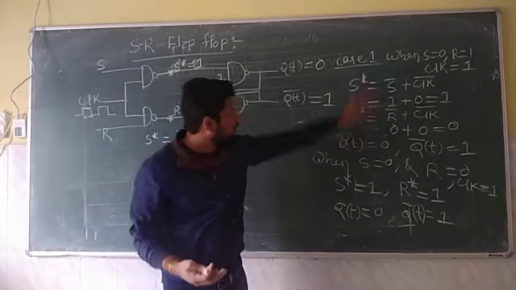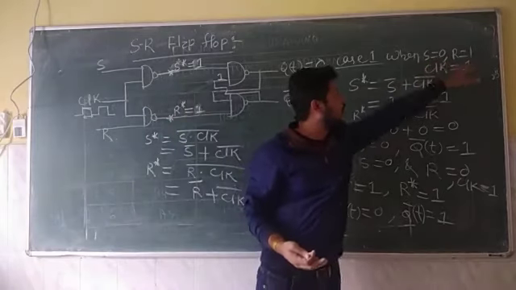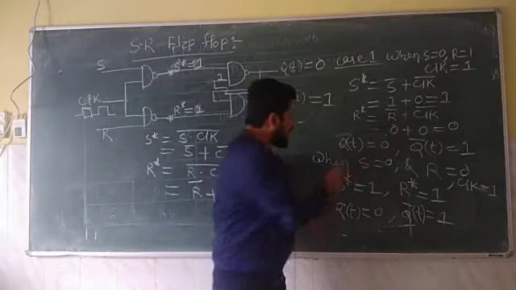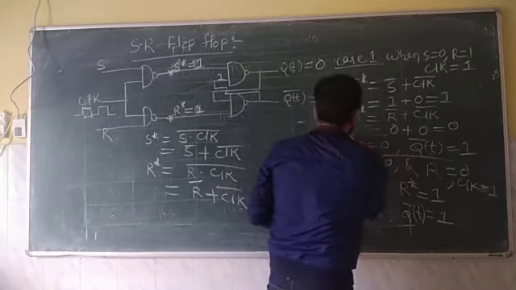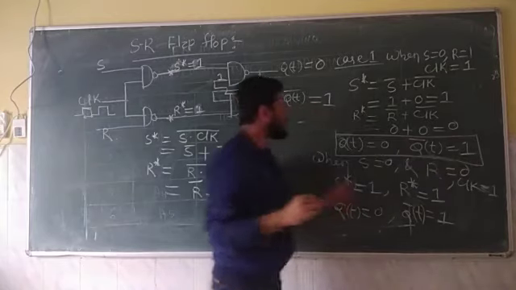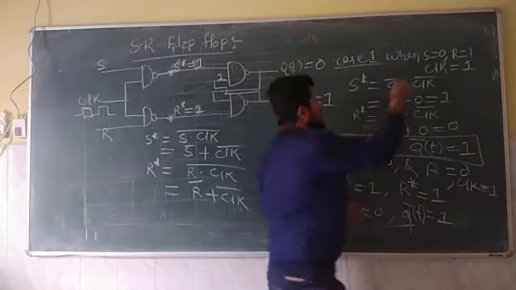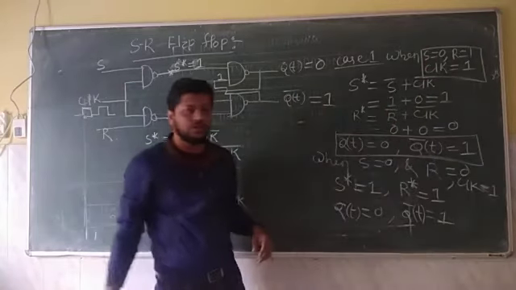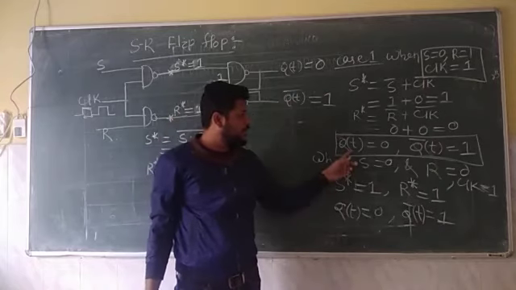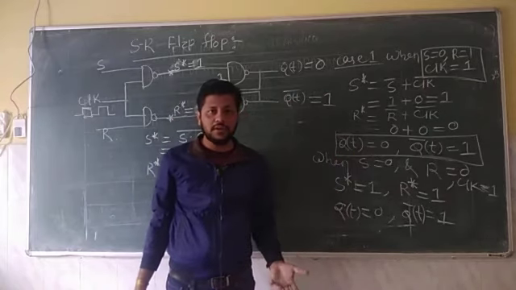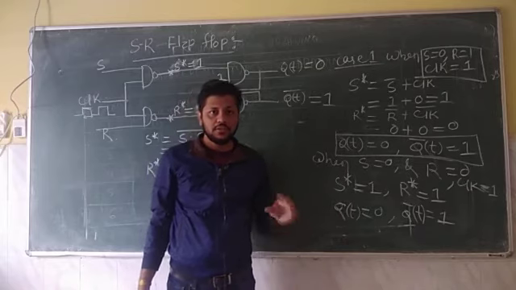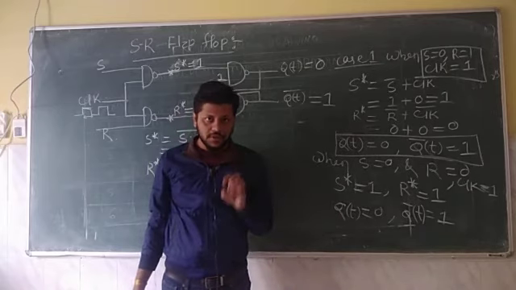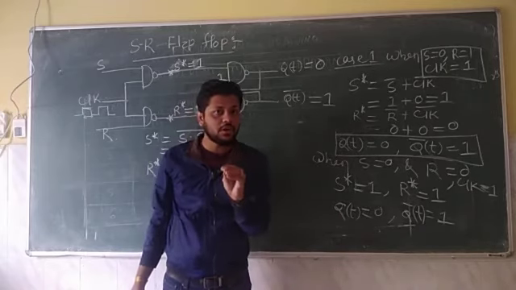Now you can see here the input is S equal to 0, R equal to 1, and we got the output here. When you apply S equal to 0, R equal to 1, clock equal to 1, then Qt is equal to 0 and Q bar t is equal to 1, which I have proved here. You just need to remember the concept of which gate will turn on first.